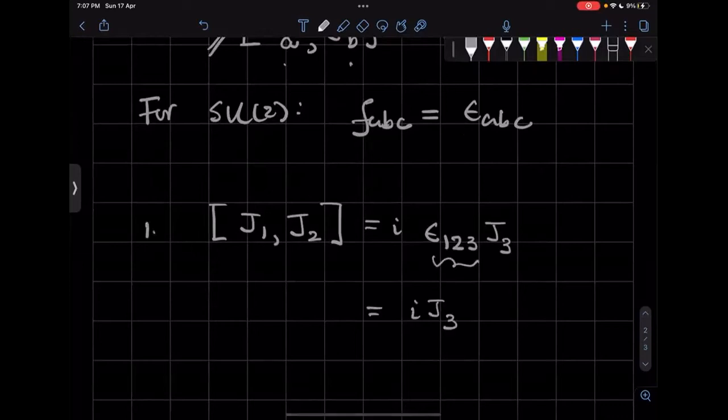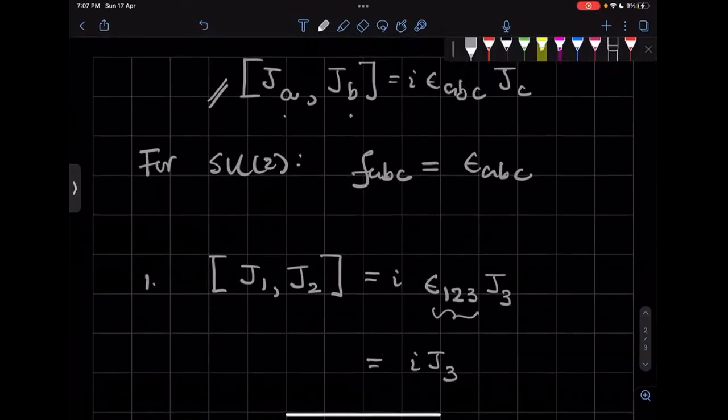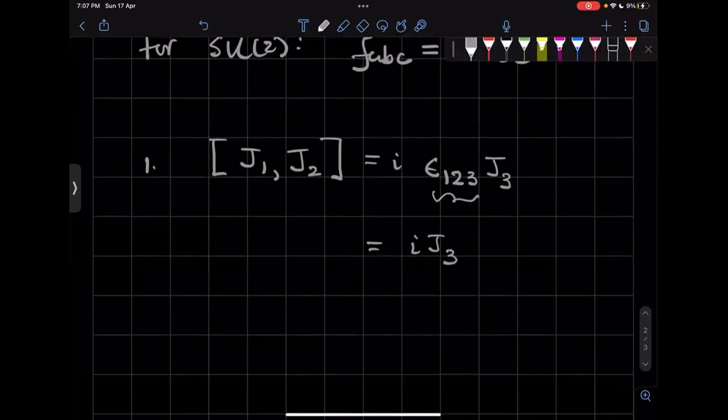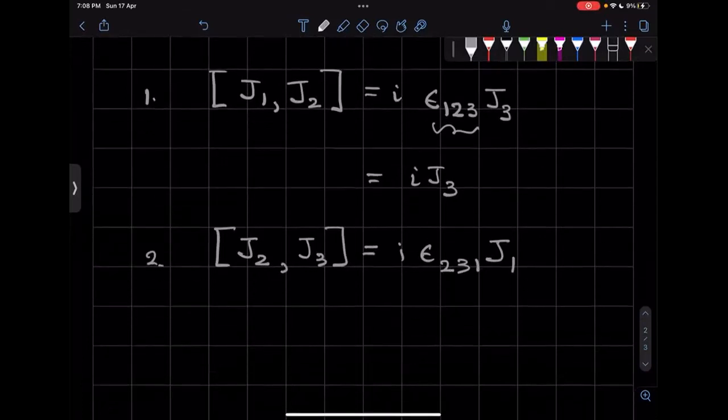So this is the first relationship that we get from this commutation relationship. The second relationship is when we have one of the indices J2, the other index is J3. Then we have i epsilon 2, 3, and then the last index must be 1. So we get i J1.